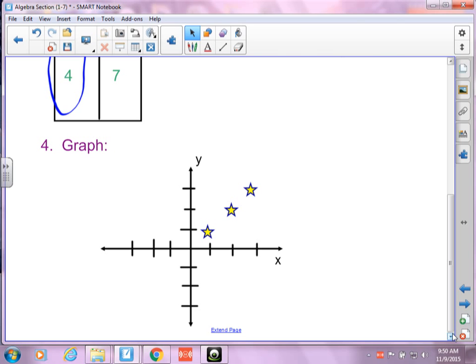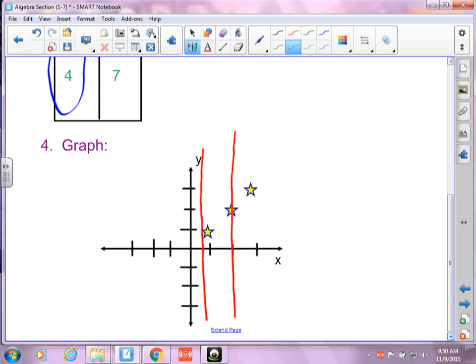So for example, if I draw a vertical line, does it touch more than one star? No. What if I take a line like this? Does it touch more than one star? No. If I draw a line like this, does it touch more than one star? No. If you do it the other way, that would be horizontal.